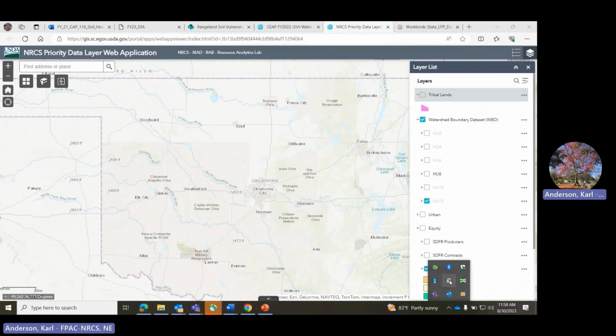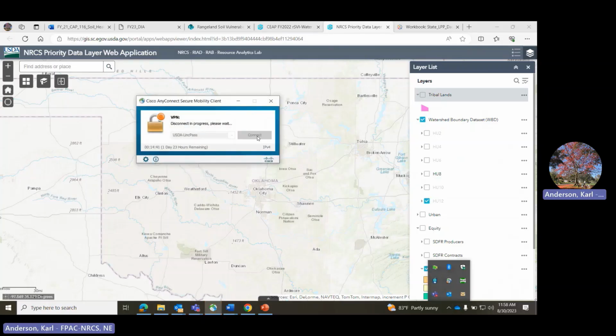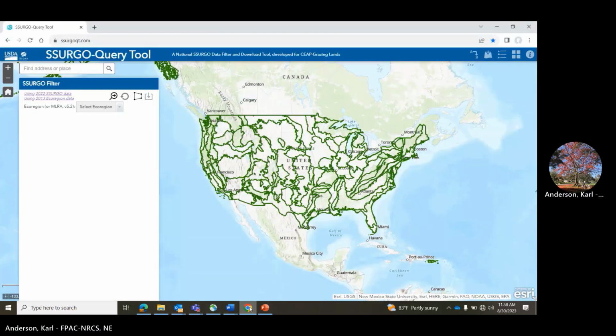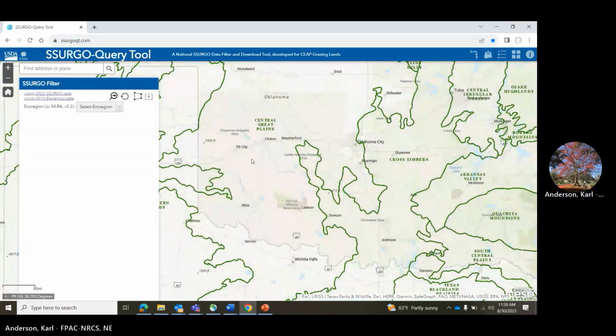What I'm going to do is disconnect, and I'm going to find this area a little bit closer.